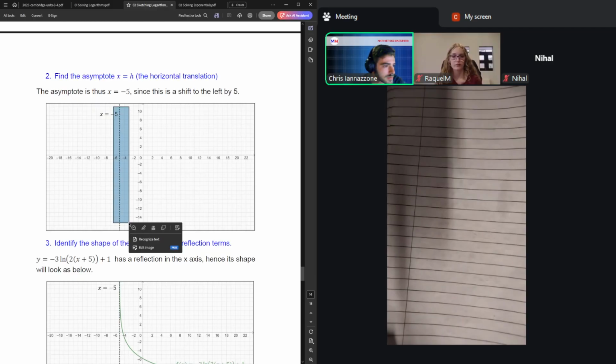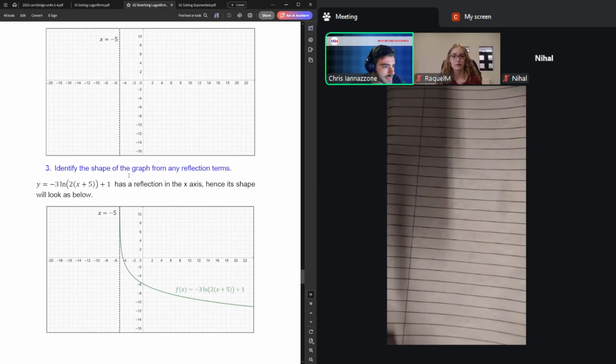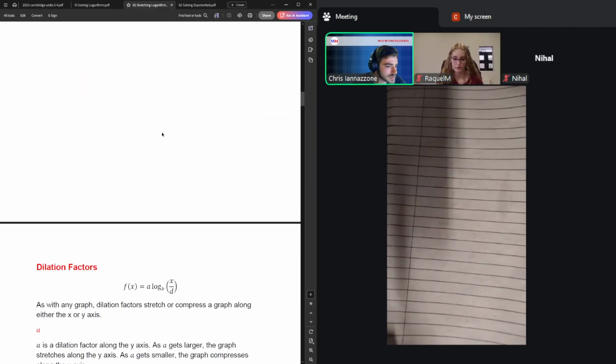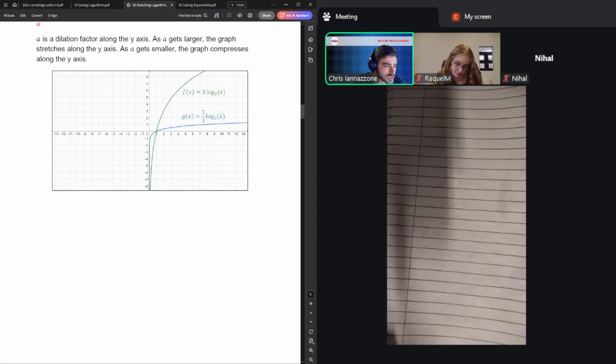That one mattered a lot. We had a +5, so that meant that our asymptote is now x equals -5. As for the overall shape, we look at the base and we look at any reflections that exist. So natural log is a base of e, which is roughly 2.7. So our basic logarithm is this sort of shape, right?